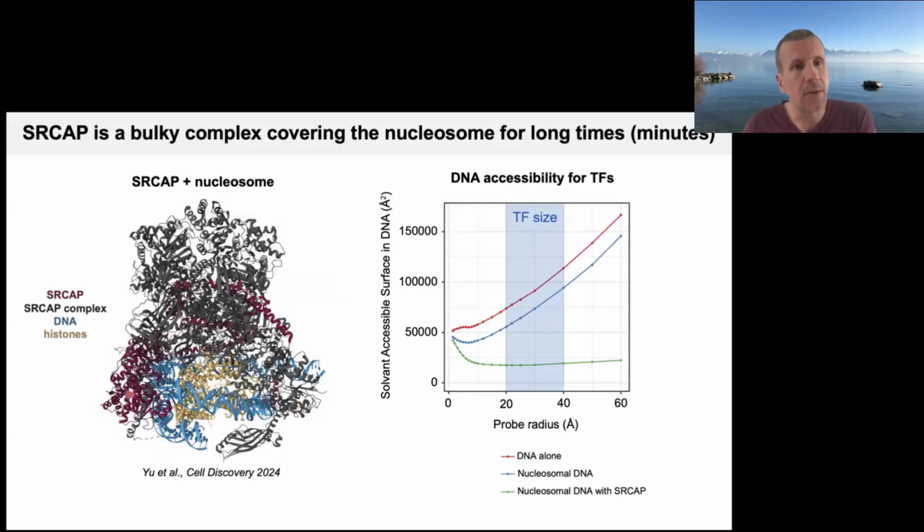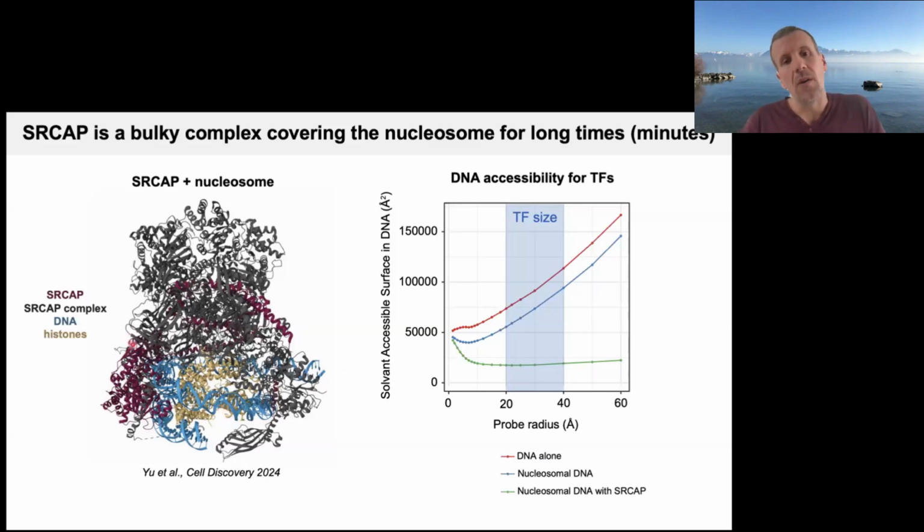You can see here SRCAP in purple, embedded in the whole SRCAP complex that has 9 other proteins. This is an extremely bulky complex that is literally covering a large part of the nucleosome. And as far as I know, this is pretty unique among chromatin remodelers.